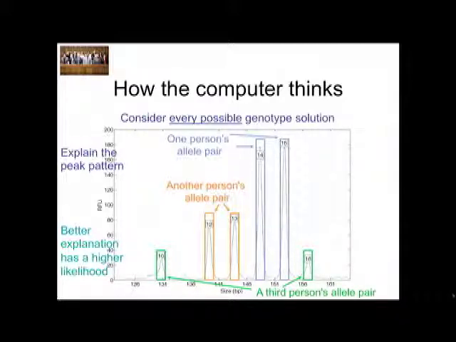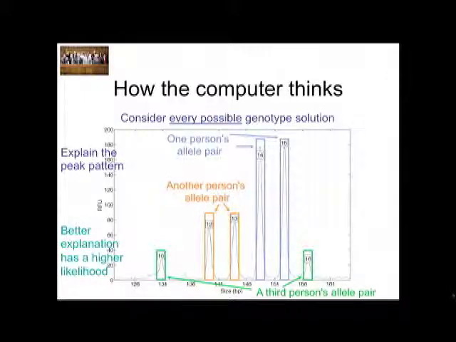That's the original data. What the computer tries to do is propose genotypes from the three contributors in all different types of allele pairs, different amounts at different locations, and compare the proposed pattern that it gets by adding up these allele pairs from genotypes to the data.